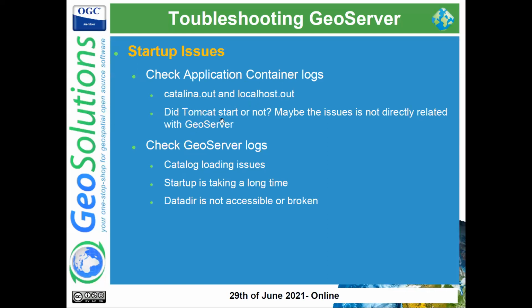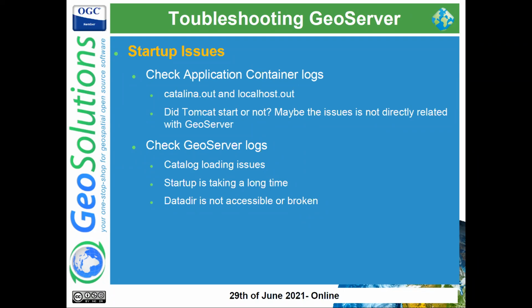You want to understand whether Tomcat itself started or not, because the issue may not be related to GeoServer specifically, but could be something at the application container level. Maybe some permission issues, maybe the service is not configured correctly, and so on.